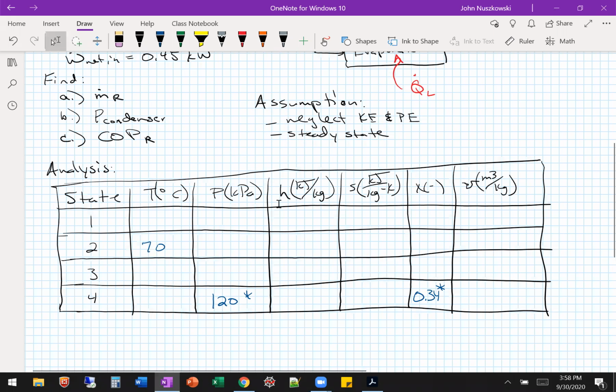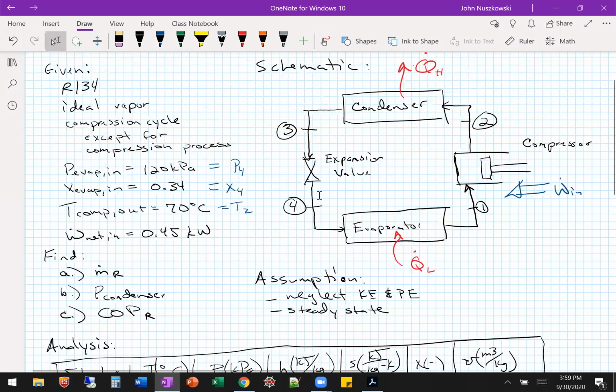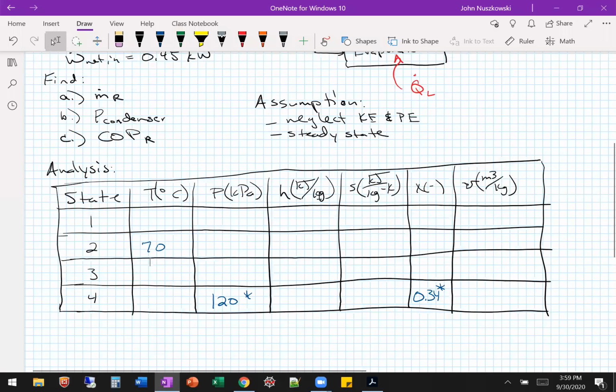Is there any other information we know? From 3 to 4, H is constant. So the enthalpy from 3 to 4 is the same. It's isenthalpic. So that means state 4 is fixed. We have 2 independent intensive properties, pressure and quality, so we can get our enthalpy.